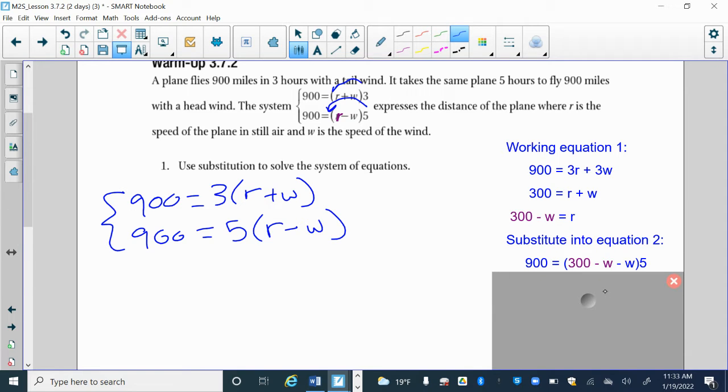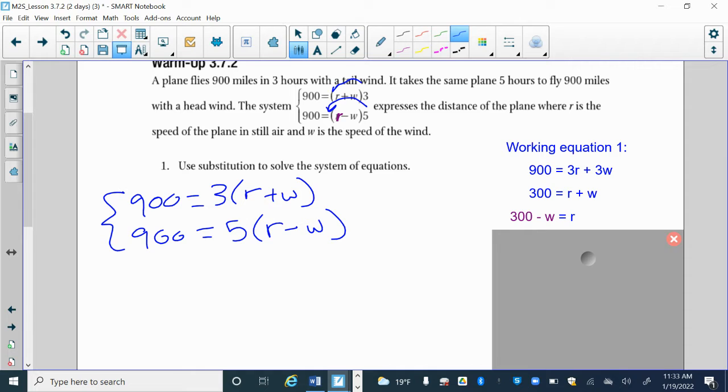First thing we need to do is take one of the equations and solve for a variable. So why don't we take this top equation and multiply this out. So we have 900 equals 3r plus 3w. For all these coefficients, maybe let's just try to solve for r here.